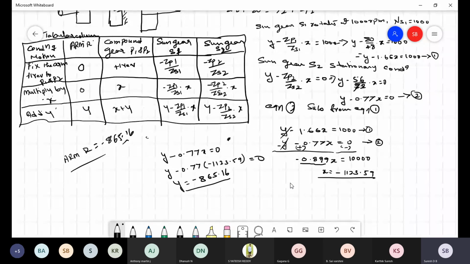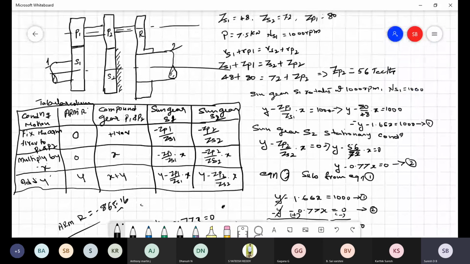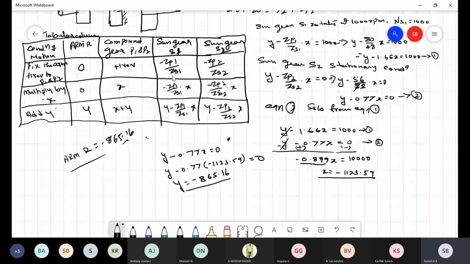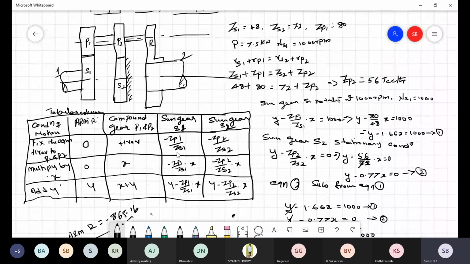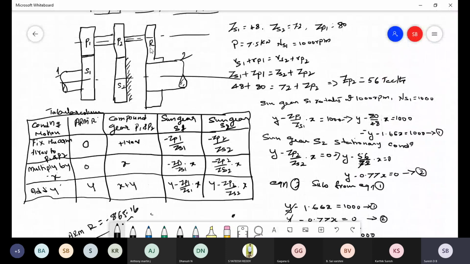Check which shaft R_M is connected to, output shaft or input shaft. R_M is connected to the output shaft. S1 is connected to the input shaft.